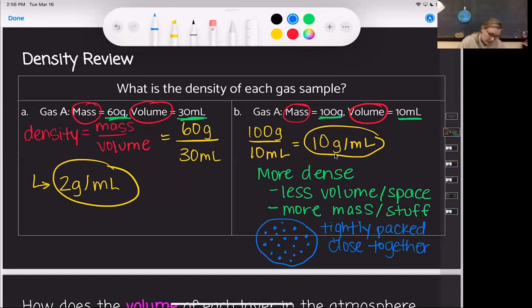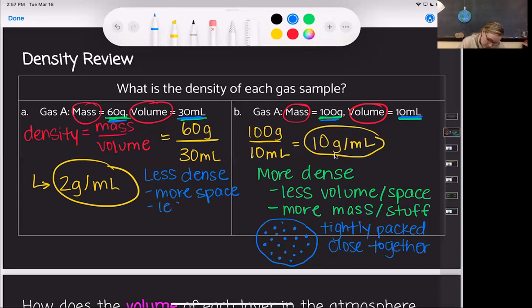On the other hand, here we have a less dense sample. And the reason the sample is less dense, like I said, is because we have more volume, 30 milliliters versus 10. So we have more space. And in all that space, we're trying to fit less stuff because now we only have 60 grams of stuff where we had 100 before.